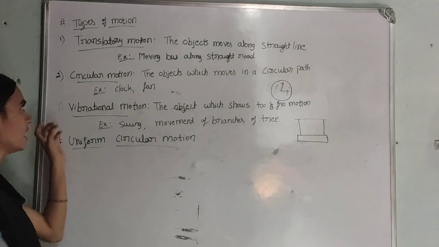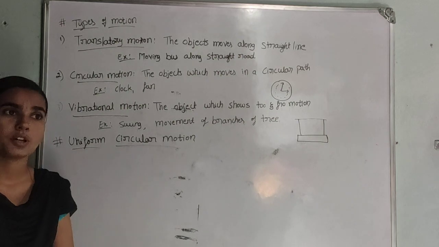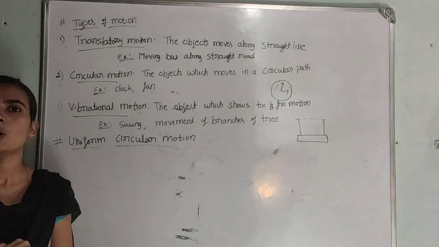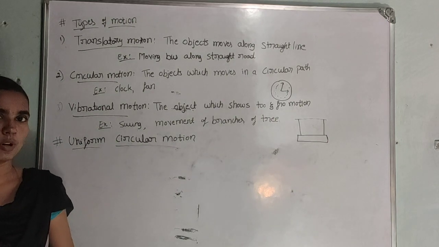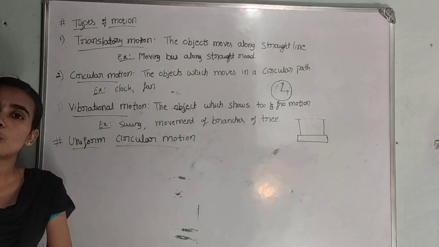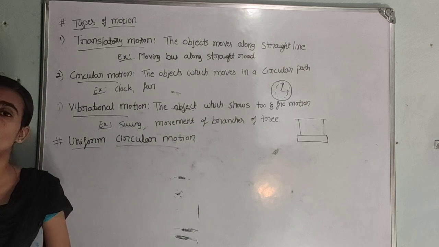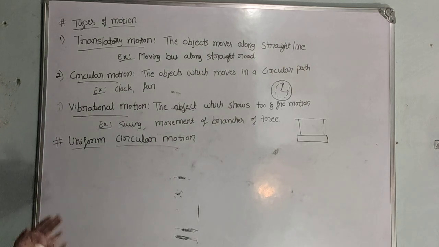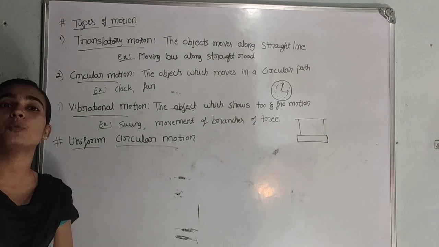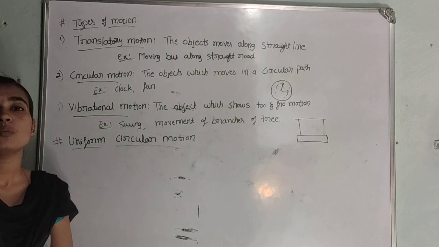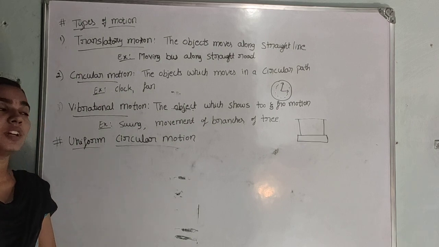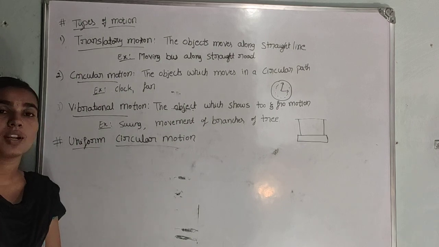But here we have a new word, uniform. What is meant by uniform? We already know about uniform motion and non-uniform motion. Its name indicates that when objects move with uniform speed in a circular path, we call it uniform circular motion.